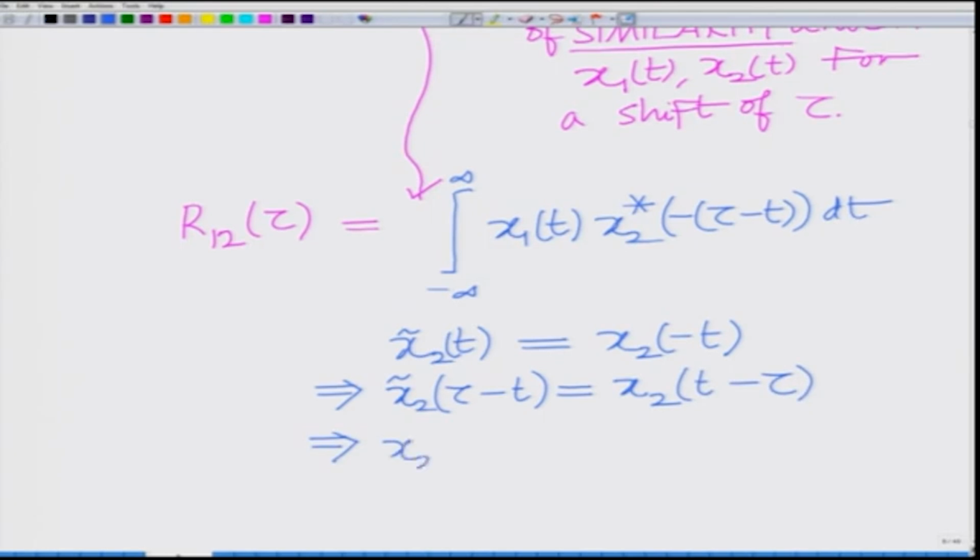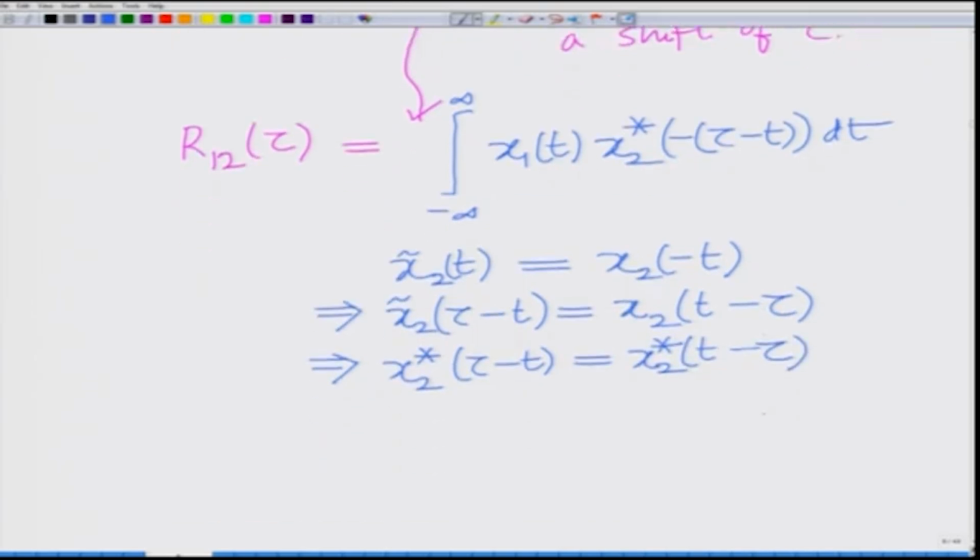This implies x2 conjugate of (tau minus t) equals x2 conjugate of (t minus tau). Therefore, instead of x2 conjugate (t minus tau), I can substitute x2 tilde of (tau minus t).